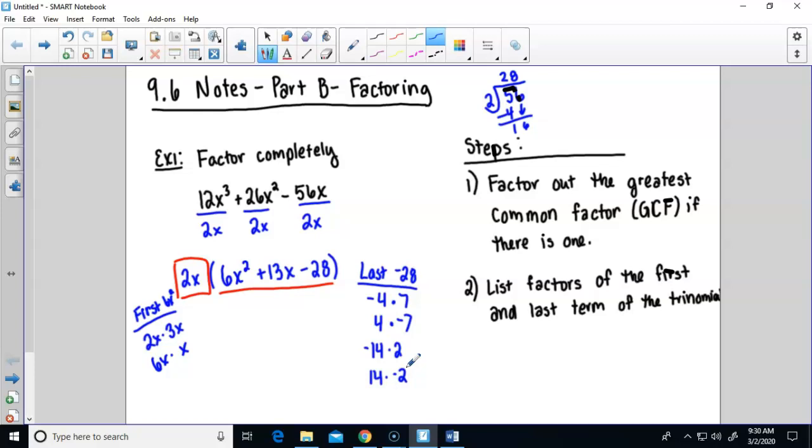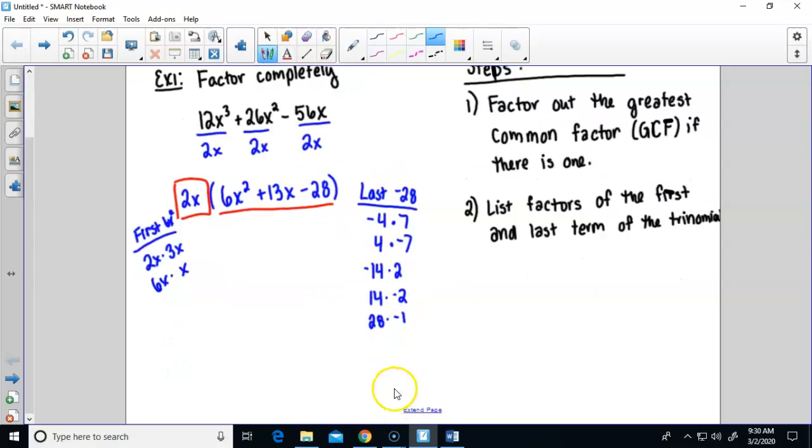What else can I multiply to get 28? Oh, I heard it. 28 times 1. One of those needs to be negative. You can always use 1 times the number, so sometimes we forget about that. Or we could do negative 28 times 1.